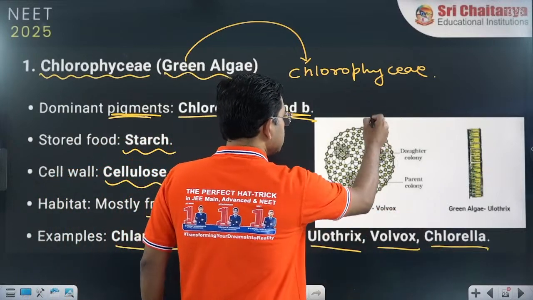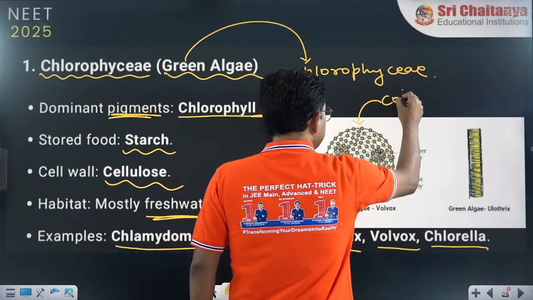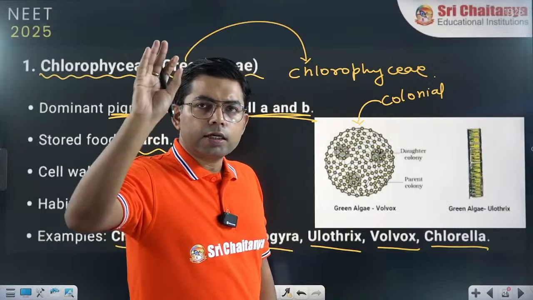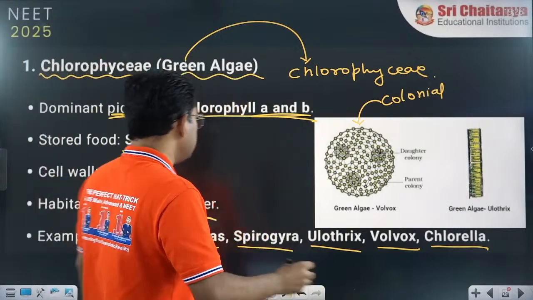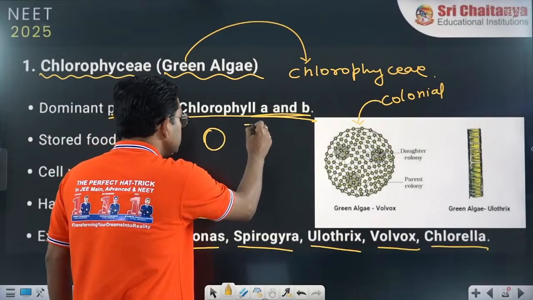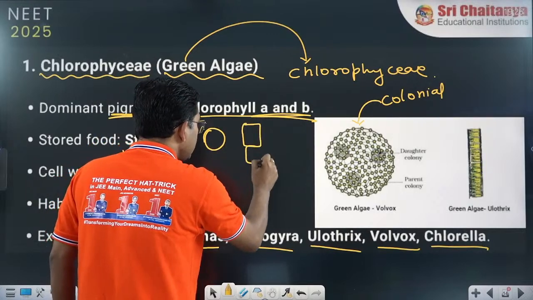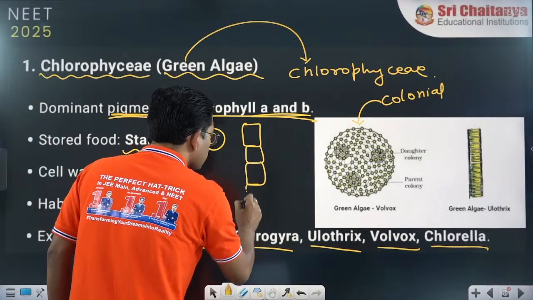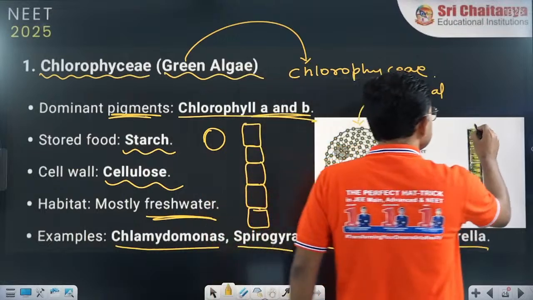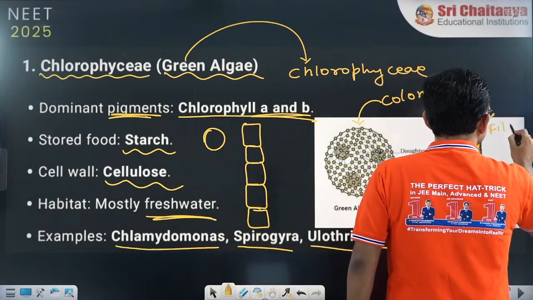So here you can see this is colonial algae. Remember there are three conditions. One is called unicellular, so single cell. Another is called filamentous, like this, a long filament.